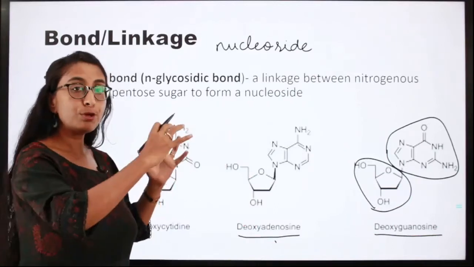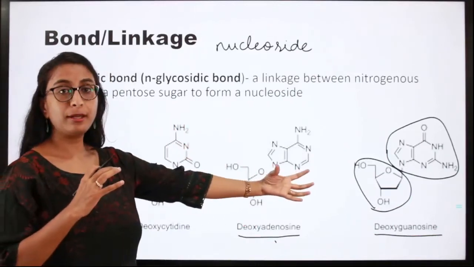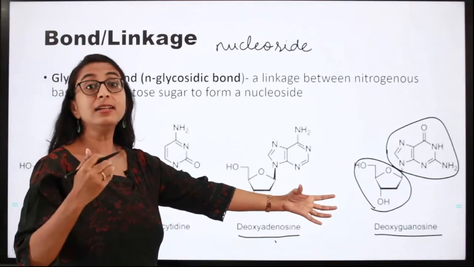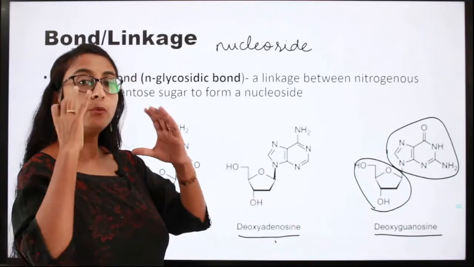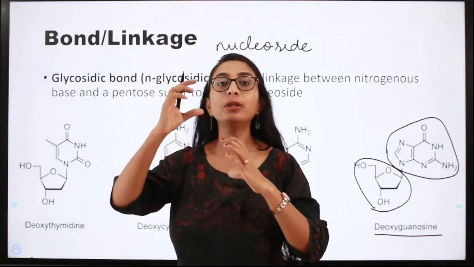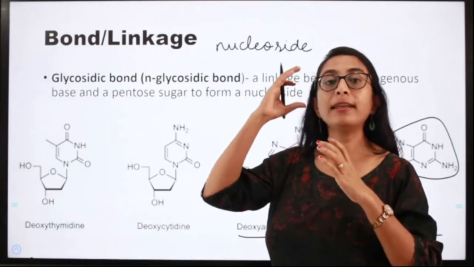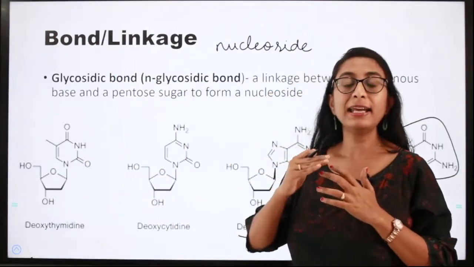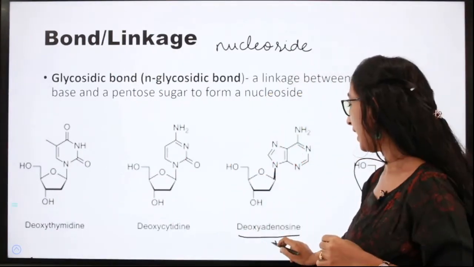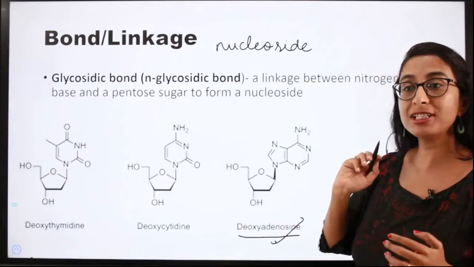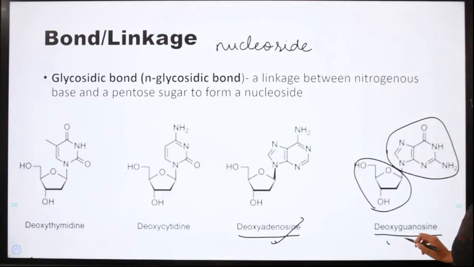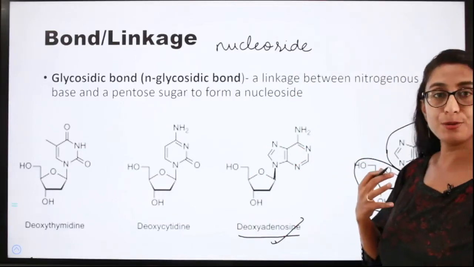So the ribose sugar is the same in all of them. The only difference is in the nitrogenous base. One sugar is linked with one nitrogenous base. When the nitrogenous base is adenine, it gives rise to deoxyadenosine. When it is guanine, it gives rise to deoxyguanosine.